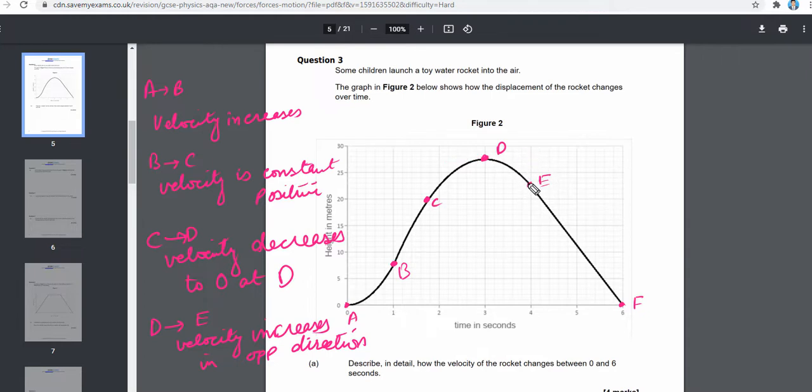If you draw a tangent at this point, it's a decreasing line, so the gradient of this decreasing line is negative. So it will have some increased magnitude, but its direction will be opposite. So from D to E, its direction changes, and from E to F, it came down with a constant velocity in the opposite direction. Over here, it seems to be a straight line, so we'll say it's a constant velocity in the opposite direction.